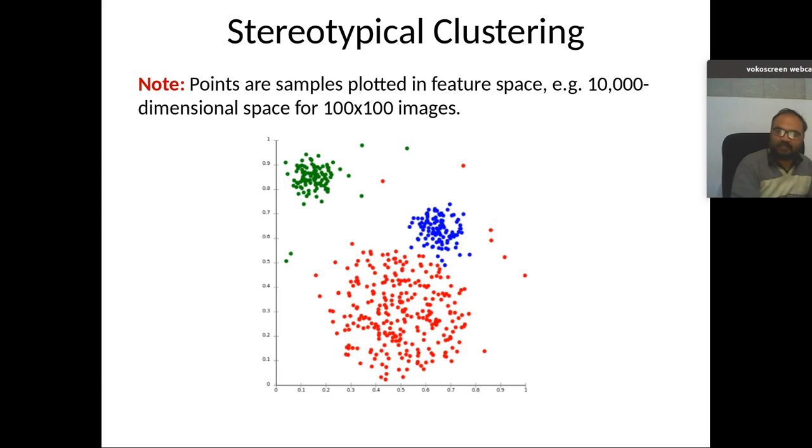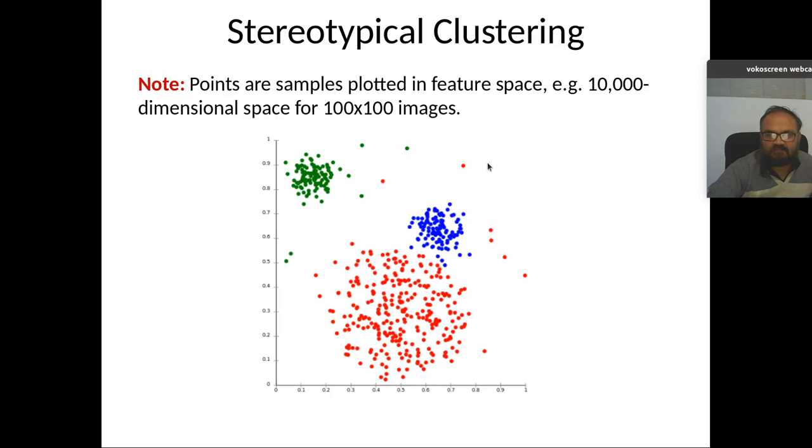The stereotypical clustering is basically where we have points which are samples and they are plotted in a feature space. Let's say there are 10,000 dimensional space for 100 by 100 image. So each value in this given image actually tells you about the values of different pixels.